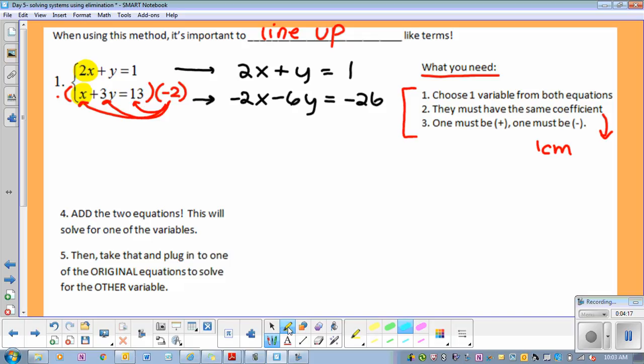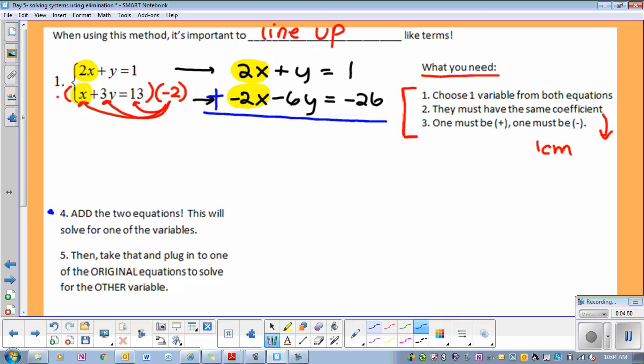So guys, do you see what happened here? I have 2x and I have a negative 2x. I did it. They have the same number. One's positive and one's negative. Yeah? So after you do that, what you need to do is you need to add the two equations. So then I'm going to do plus, draw a line. Let's just add everything down. All right?